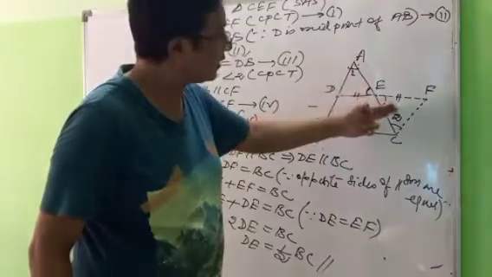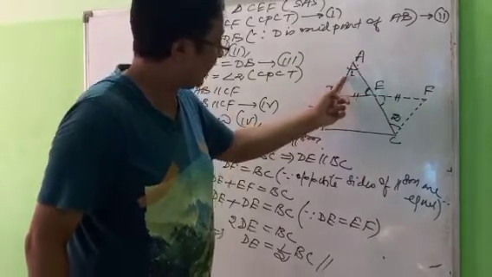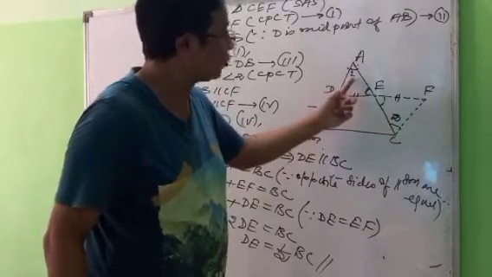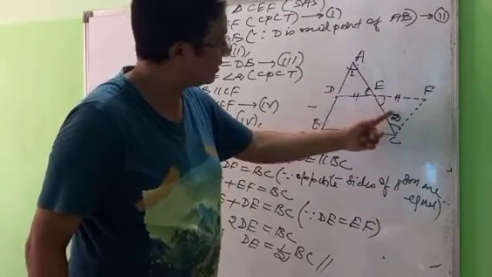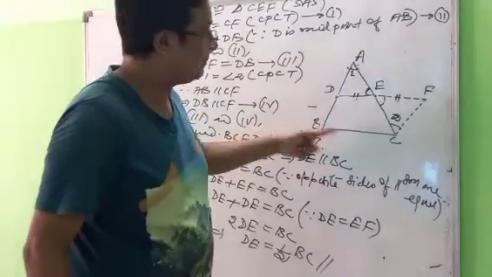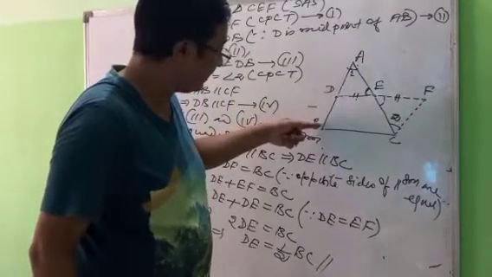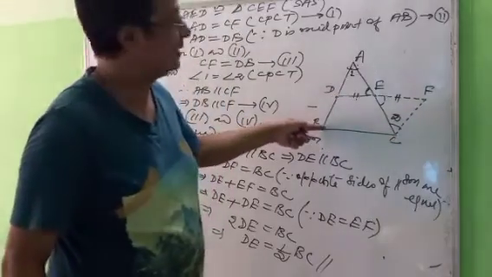Again, as these two triangles are congruent, angle 1 is equal to angle 2 by CPCT. They form a pair of alternate angles. That is why CF is parallel to AB. If CF is parallel to AB, then CF is also parallel to DB.